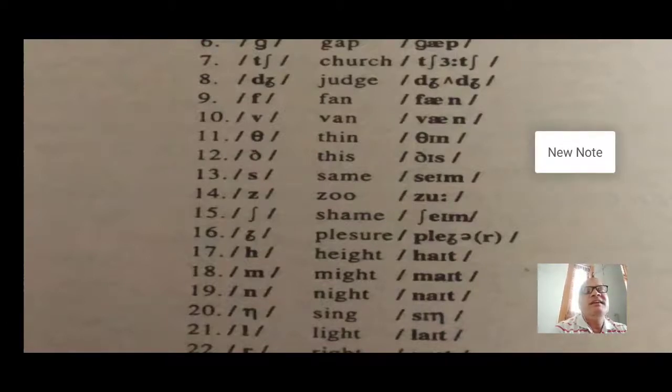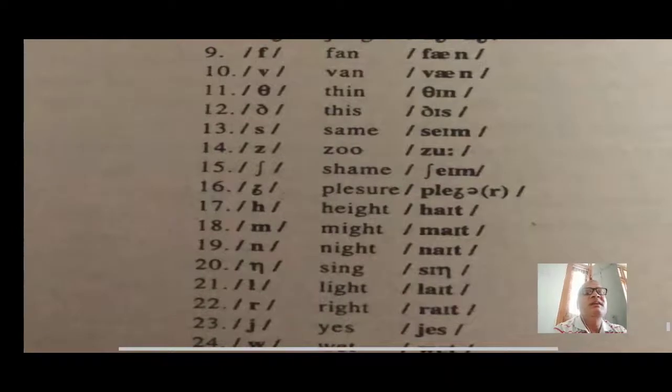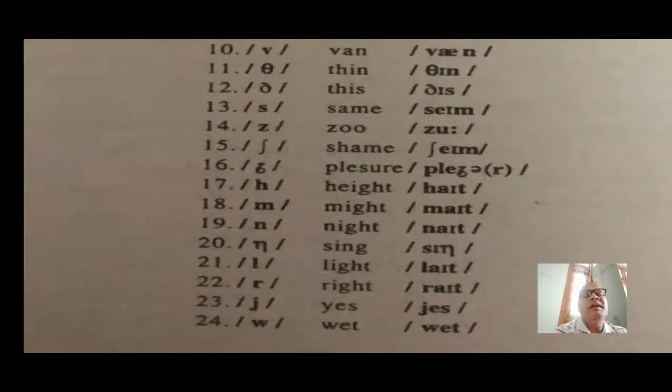The next one is z. Then next one is sh. There is no place for sh in the alphabet. We are saying Shankarani, sha, shata, shana, we can find a lot of examples. Next one is zh, pleasure, and this is h only, that's remaining, or m, n, ng, that's the 20th one, which is standing for ng in Telugu.